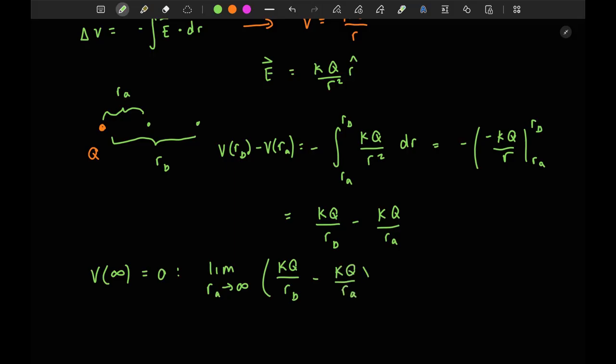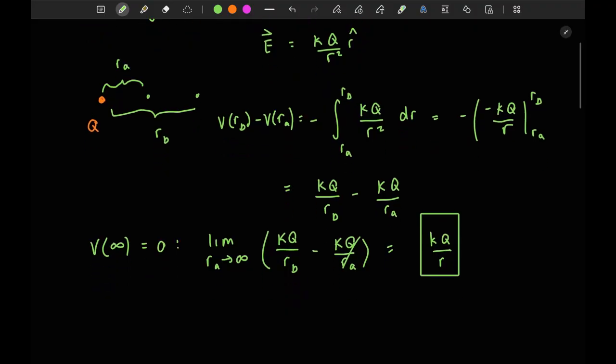So KQ over RA goes to 0, and we simply end up with KQ over RB, which I'm going to leave now as KQ over R. So this is our point charge formulation.